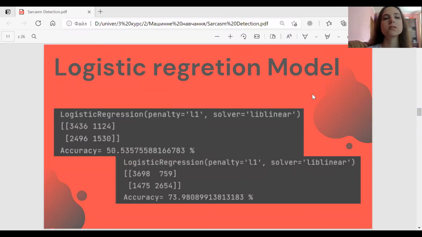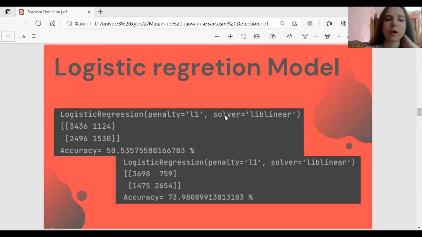So the first model that I built is logistic regression. Logistic regression is also used to detect sarcasm mainly because it's mathematically related to linear discriminant analysis. When data labeling takes place, a straightforward labeling method such as sarcastic with 1 and non-sarcastic with 0 is used to effectively facilitate the detection of sarcasm.